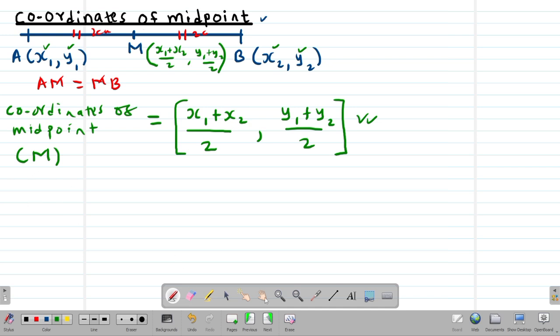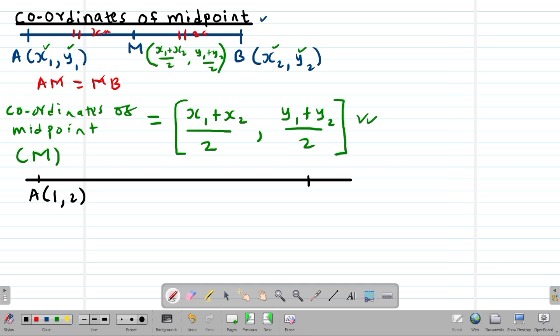For example, suppose we are having this particular straight line. You are given that point A has the coordinates (1, 2).